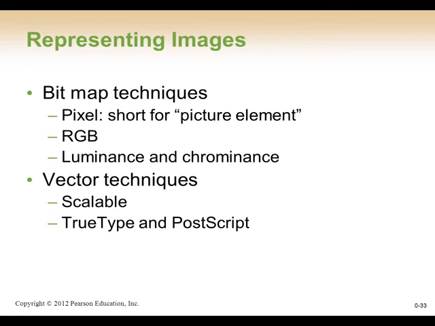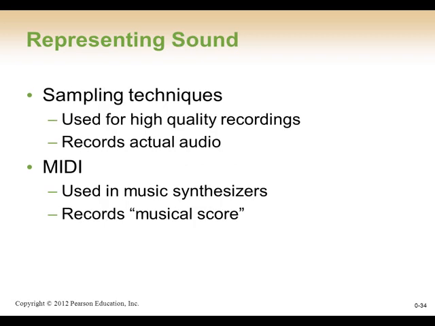So everything digital is going to be translated to binary, zeros and ones, and then we're going to have some schemes to interpret those zeros and ones. For the bitmap of a picture, we have pixels, we have RGB, and we have different systems for the audio and the video.